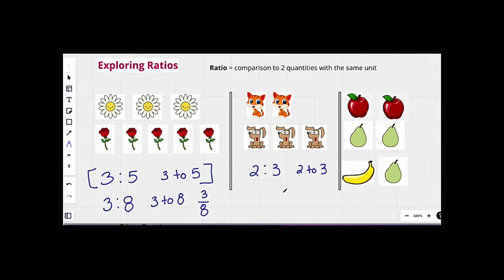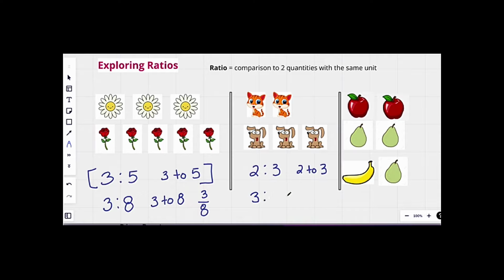But what if I wanted to know how many dogs we have in all of the animals showing, so as a whole, what we call a part-to-whole ratio. So if I wanted to see how many dogs to all of the animals that we have, can we show that as a ratio? Sure. We can count the number of dogs that we have, 1, 2, 3 dogs. And the ratio would be to all of the animals that we have.